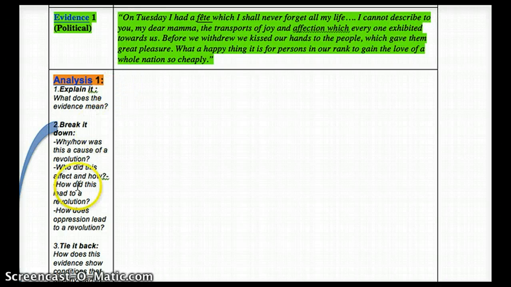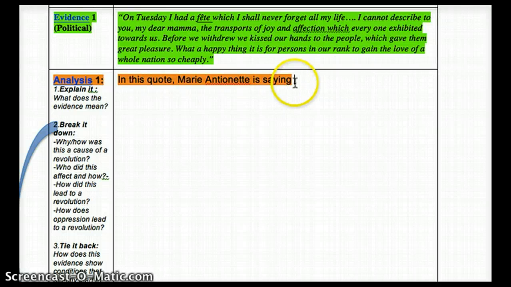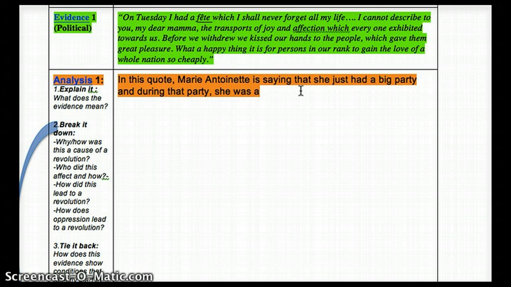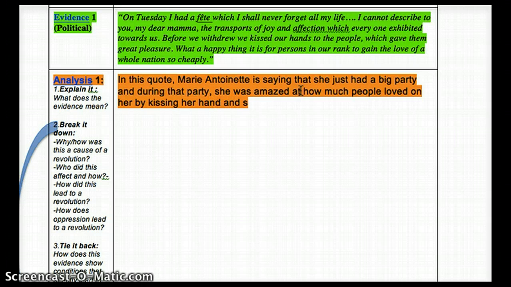Now, we've read this before, and the first thing you need to do in analysis is explain the quote in your words. So I'm about to do that. So I literally just want to paraphrase what the queen is saying, okay? In this quote, Marie Antoinette is saying that she just had a big party, and during that party, she was amazed at how much people loved her by kissing her hand and showing their sincere gratitude and affection, which means love.